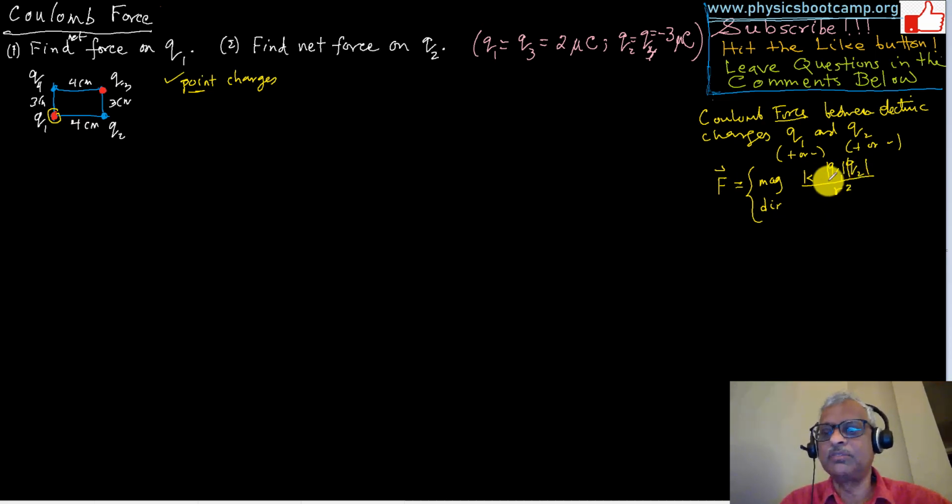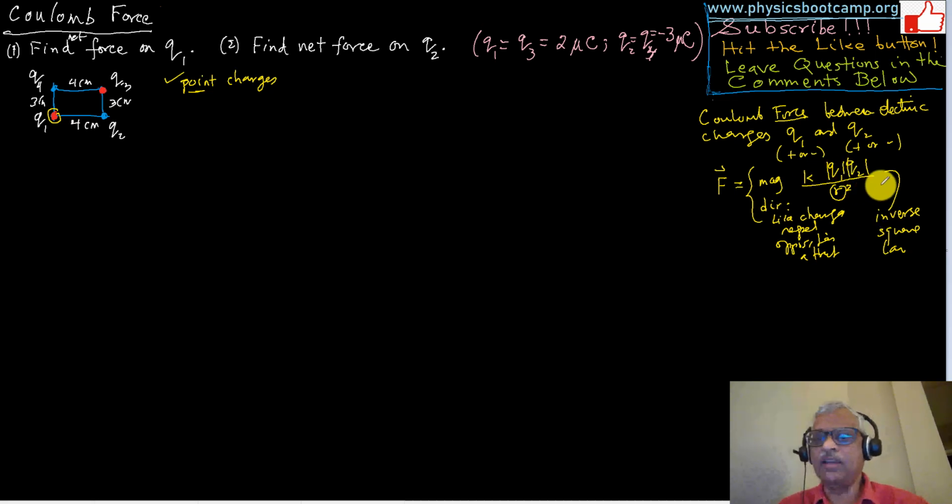That's why it's called the inverse square law, another way to remember this, because of this being squared. For the direction, you use like charges repel, opposites attract. Already you see this is too abstract, you can't do any math with that.